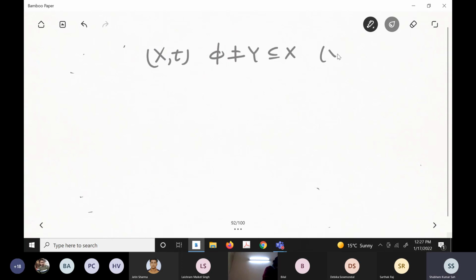So you have (Y, tau_Y). Now suppose you take a subset A of Y. Now look, I can consider the closure of A in Y with the subspace topology.